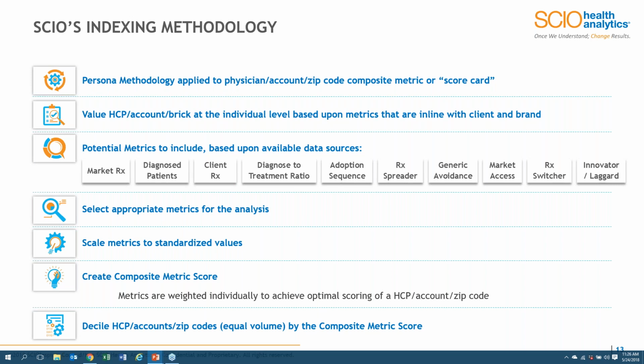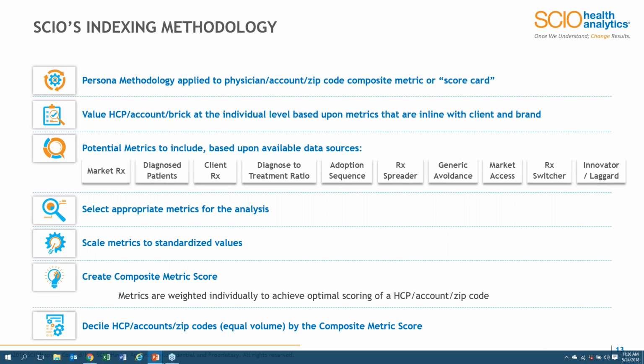Accurately valuing an HCP or facility for personal or non-personal promotions, in combination with knowing the HCP's persona type, optimizes the brand, sales, or managed markets team's ability to provide the right message to the right HCP or facility at the right time.